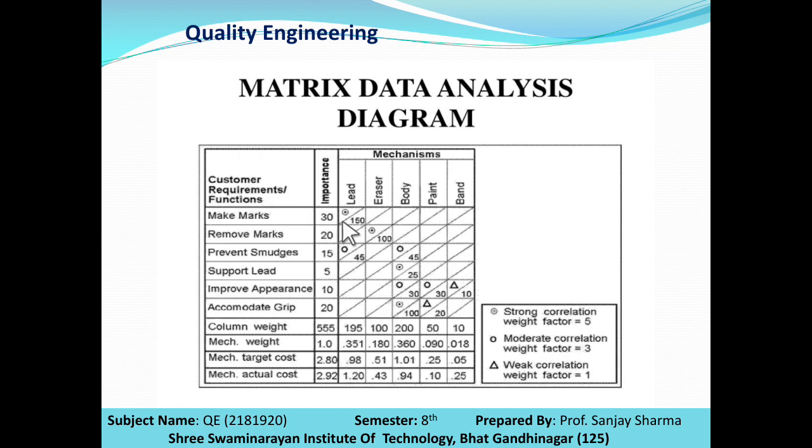Depending on that, the leads, erasers, body, paint, bend are the mechanism. By plotting these values in this chart, you can see the strong correlation weight factor is 5, the moderate correlation factor is 3, and the weak correlation weight factor is 1.